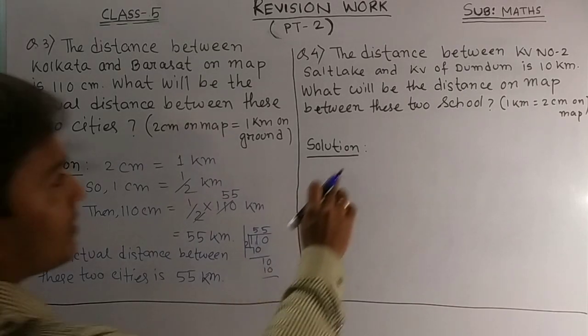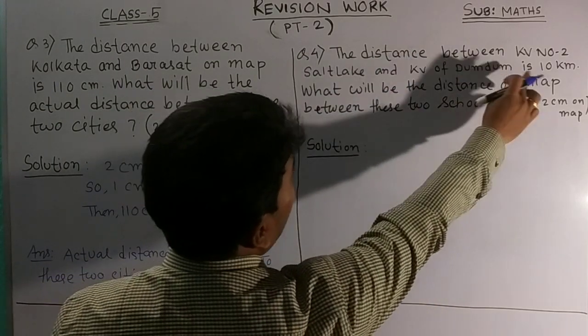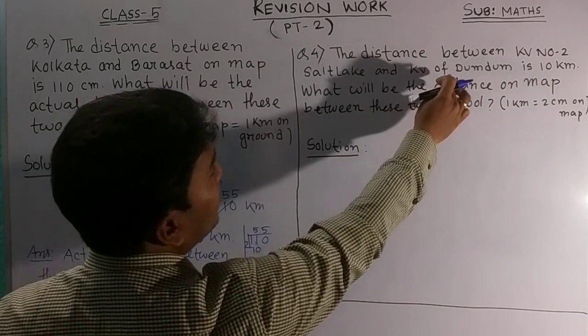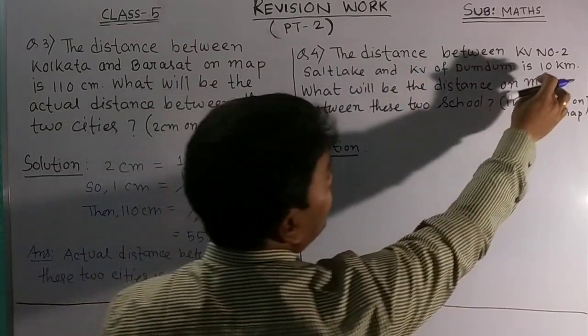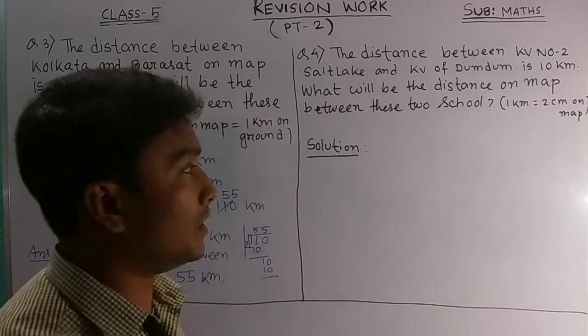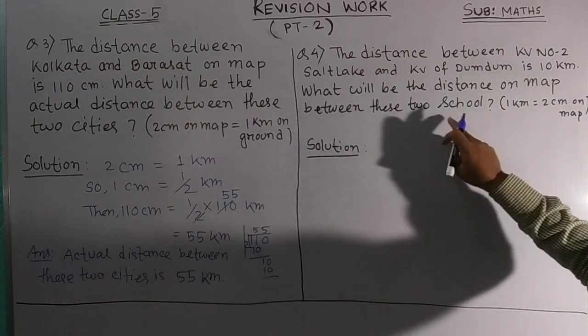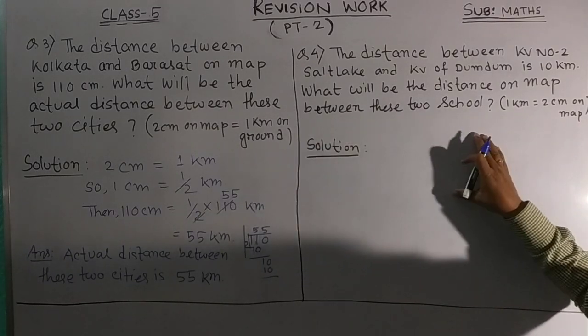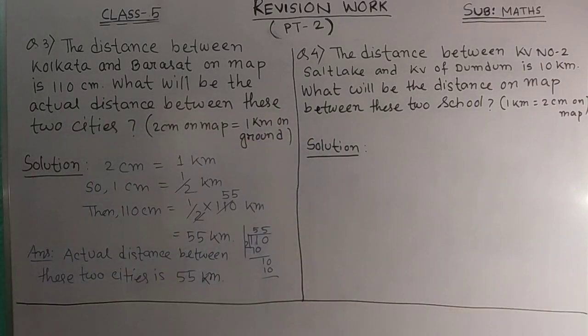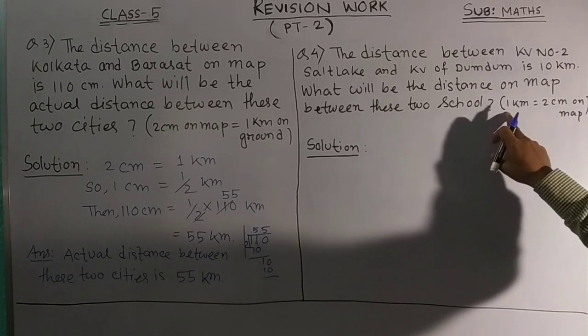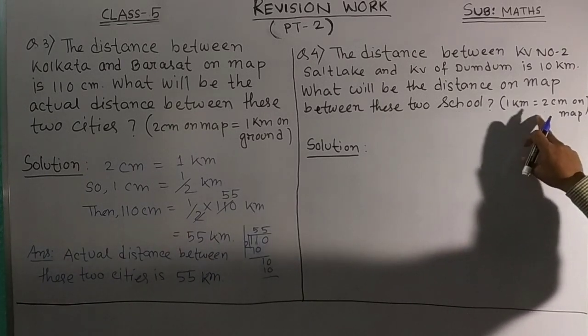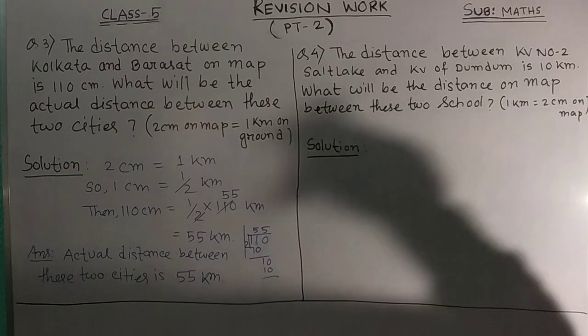So another question, it is the same type. It is given that the distance between KB number to Salt Lake and KB Wave Damdam is 10 kilometers in actual. What will be the distance on the map between these two schools? That means this portion is the opposite of the previous portion. So our information given is 1 km equals 2 centimeters on the map.